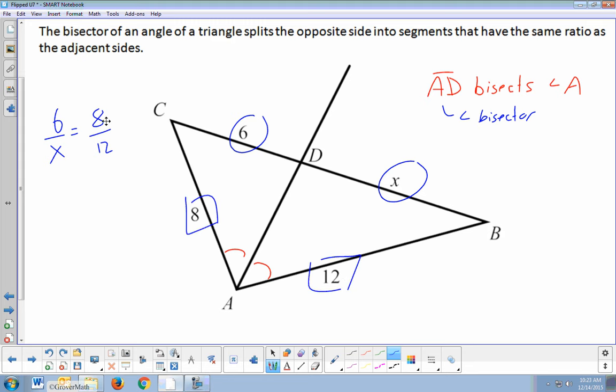If 6 is on top, then the left side of the angle bisector, the adjacent side, 8, is going to be on top. And the right side, x is on the bottom, that means 12 is going to be on the bottom.